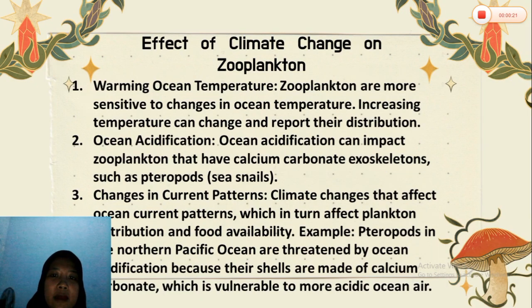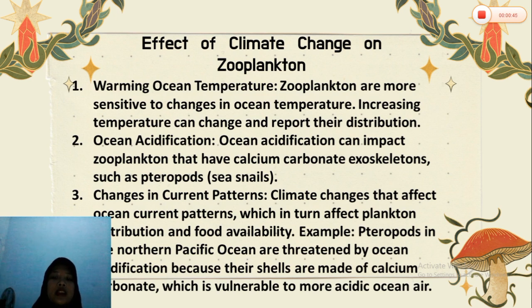Effects of climate change on zooplankton. Number one, warming ocean temperature. Zooplankton are very sensitive to change in ocean temperature, increasing temperature can change and shift their distribution. Number two, ocean acidification.